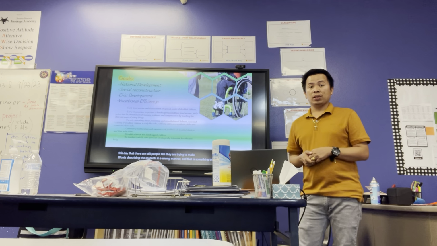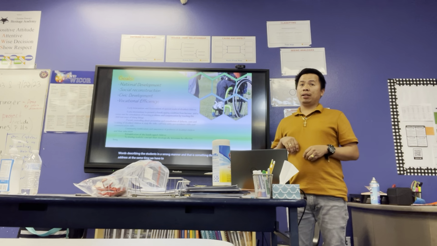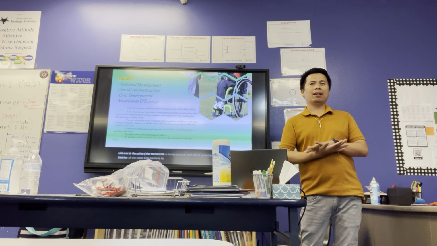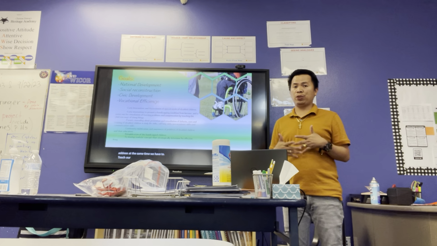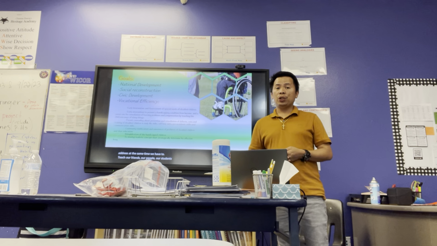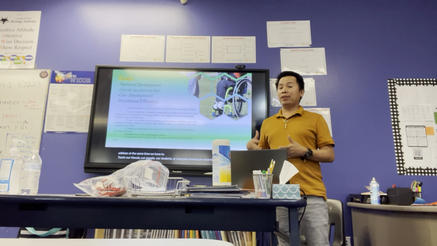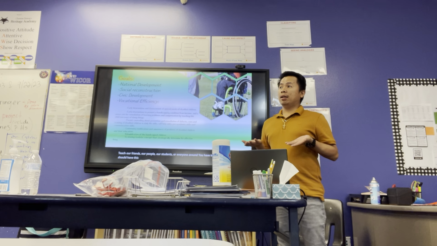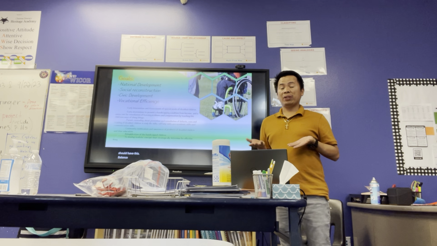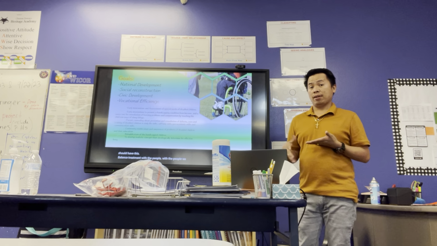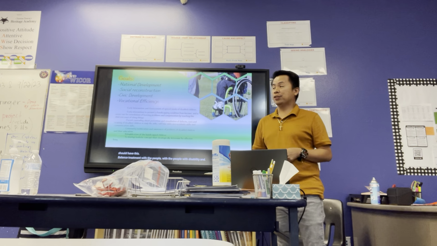We have to teach our friends, our people, our students, or everyone around you. You have to tell them that we should have balanced treatment of people with disability and regular students.